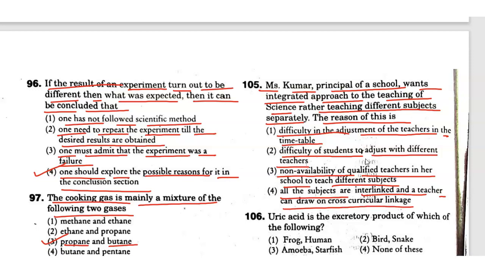So the correct answer is option 4. The interdisciplinary approach helps in making the interconnection between the different disciplines. For instance, carbon emission has repercussions for the social world and economy too.